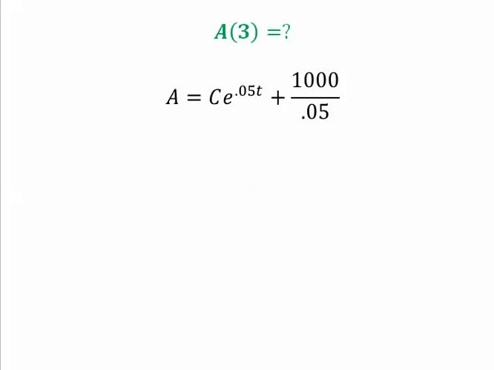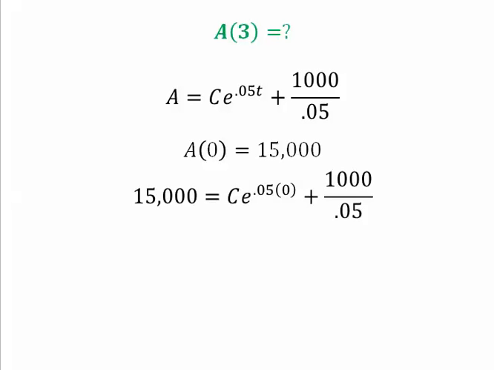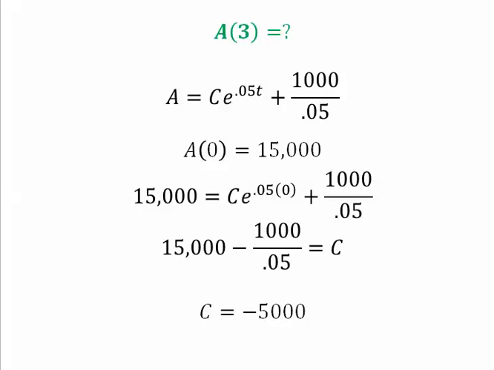Put that information in, and I have 15,000 equals the function evaluated at 0. E to the 0 is just 1. Solve for C, and I get C equals negative 5,000.